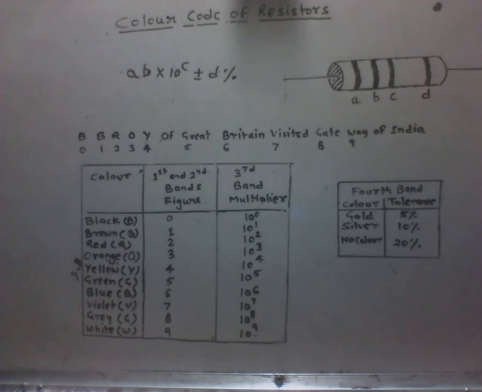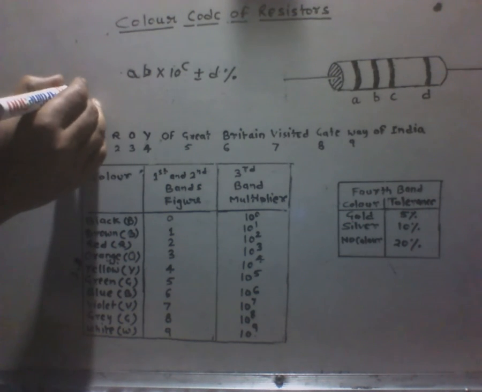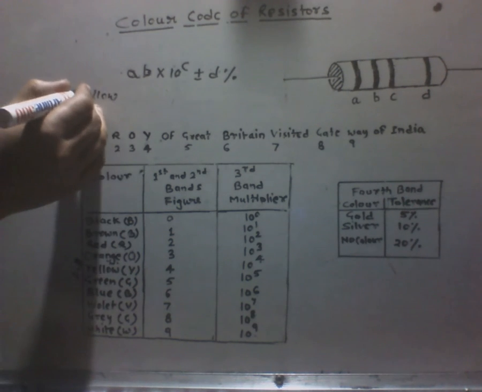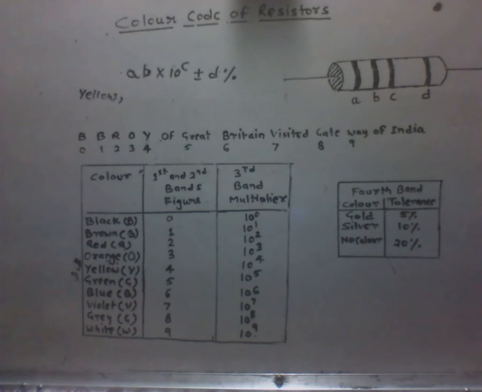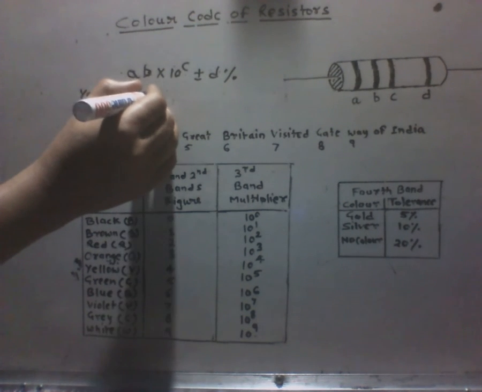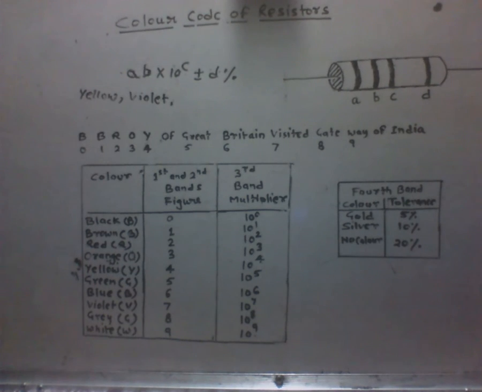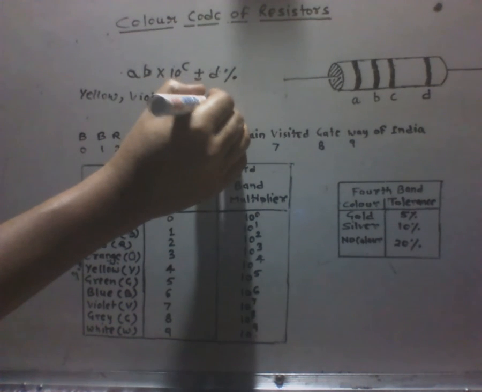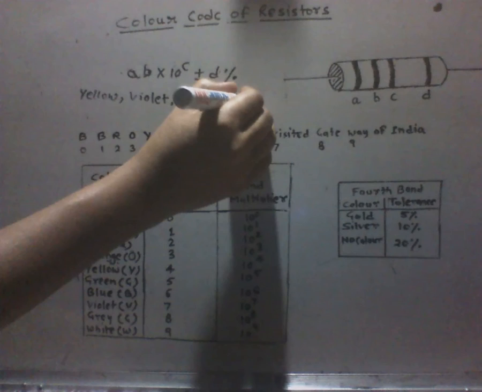Now let's have an example. Suppose the color bands of a carbon resistor are in the sequence: the first is yellow, the second one is violet, the third one is blue, and the fourth one is gold.